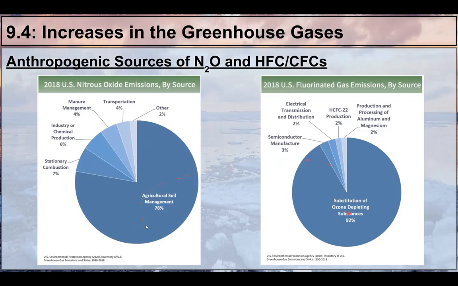So what this means right here is substitution of ozone depleting substances. So instead of CFCs, what we're using instead, well, are HFCs, right? Okay, so just the substitution of the CFCs. Well, unfortunately, we're still using fluorinated carbons that are a big influence in the greenhouse effect.